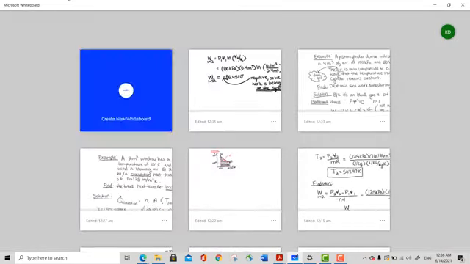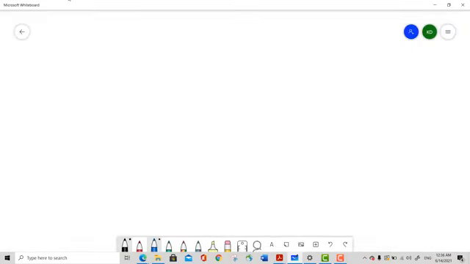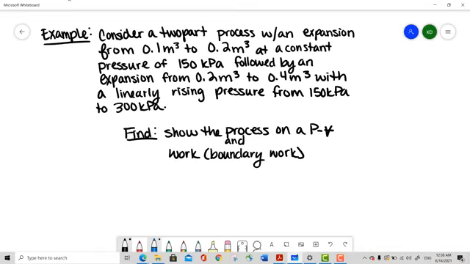Let's go on to one that's a little bit more tricky. I'll pause. Okay, so the question here is: consider a two-part process with an expansion from 0.1 meters cubed to 0.2 meters cubed at a constant pressure of 150 kilopascals, followed by an expansion from 0.2 meters cubed to 0.4 meters cubed with a linearly rising pressure from 150 kilopascals to 300 kilopascals.